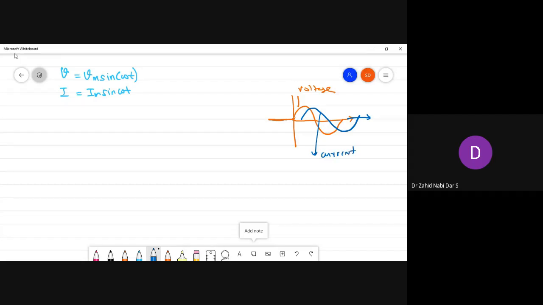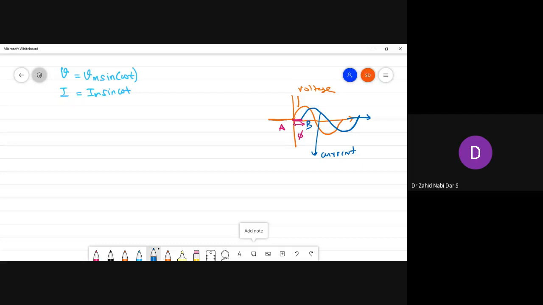One thing you notice between voltage and current, there is some angular gap. So there is some phase difference, because they are not starting at the same point. Voltage is starting at point A, whereas the current is starting at point B, although they are moving in the same direction.